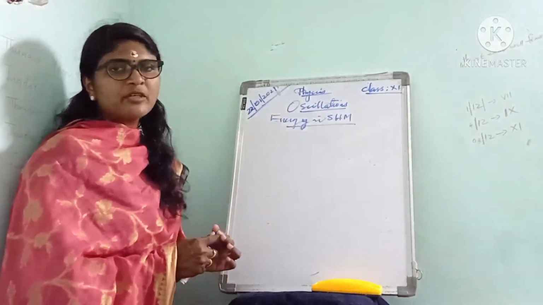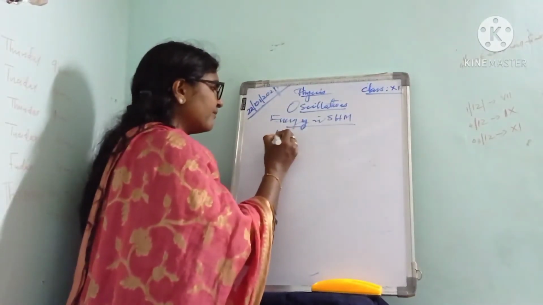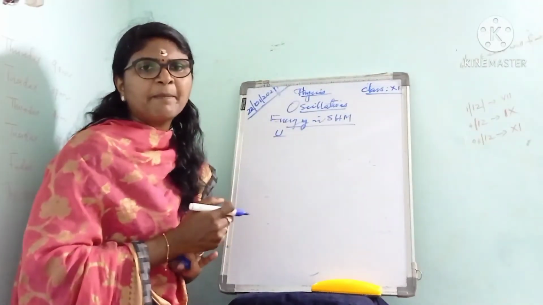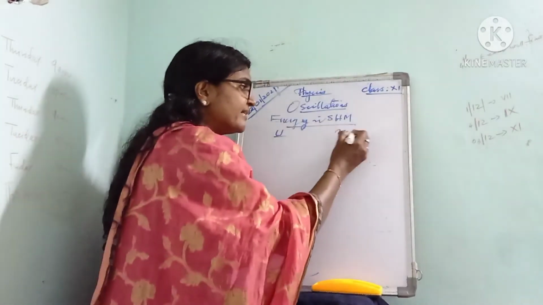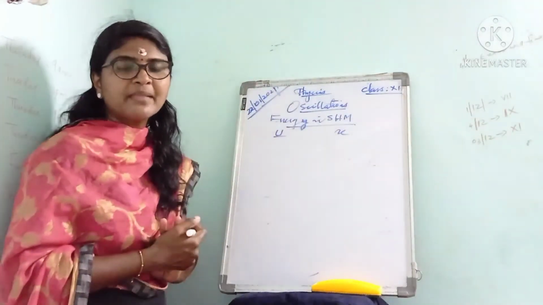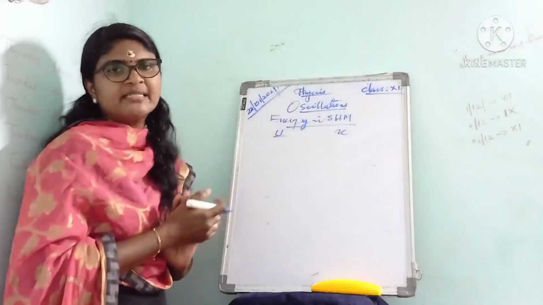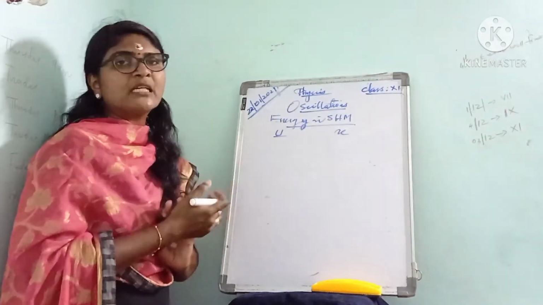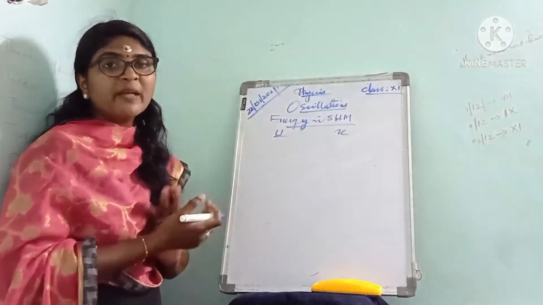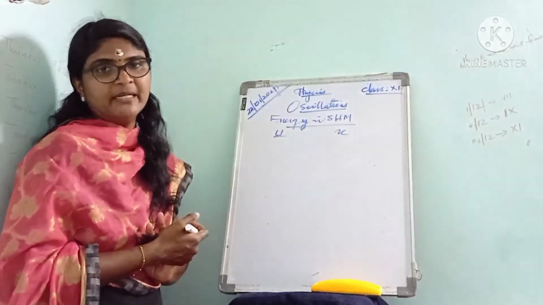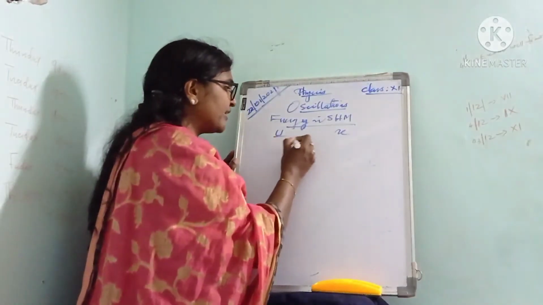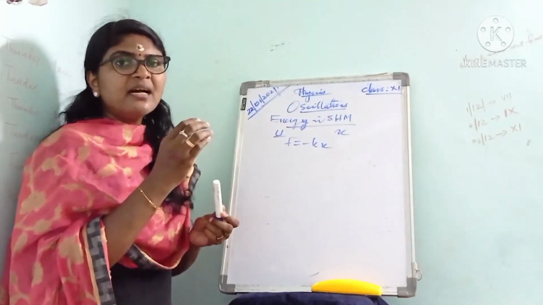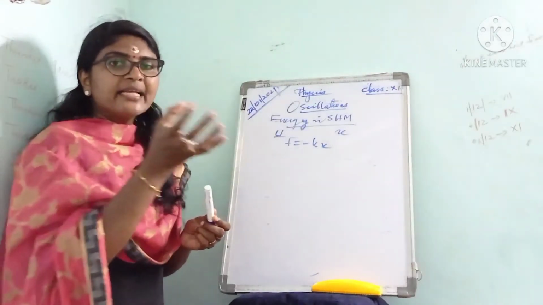Next we can derive an expression for potential energy. When the displacement of the particle from its equilibrium position or the mean position is x, suppose we displace the particle from the mean position, a restoring force is developed.